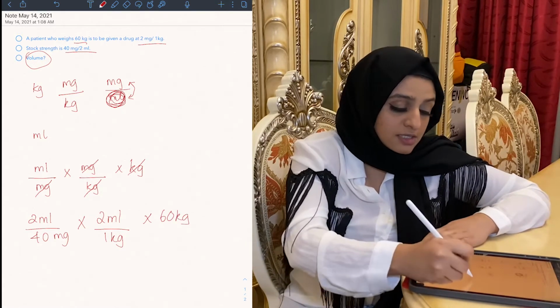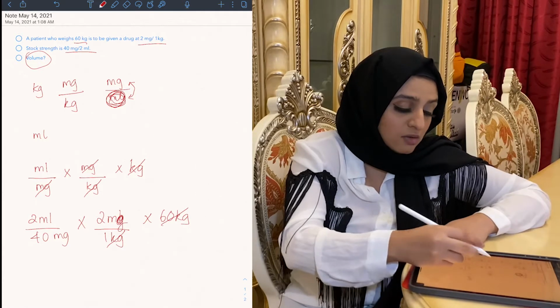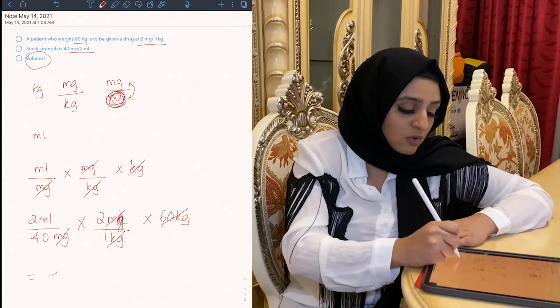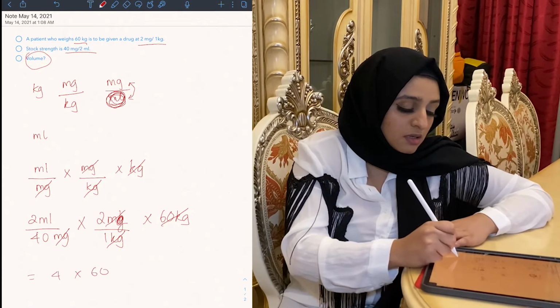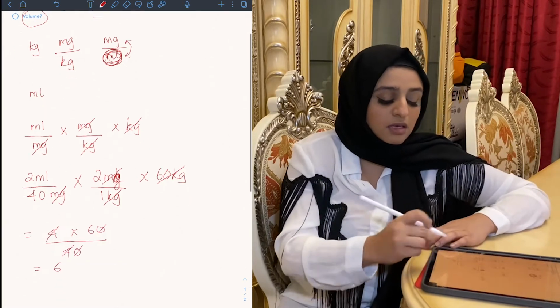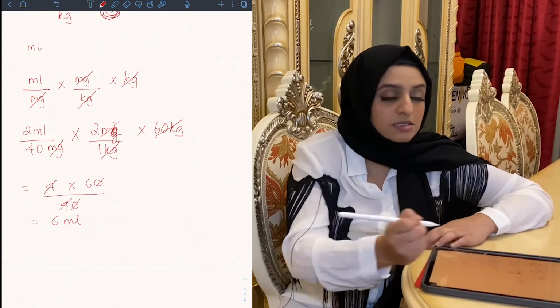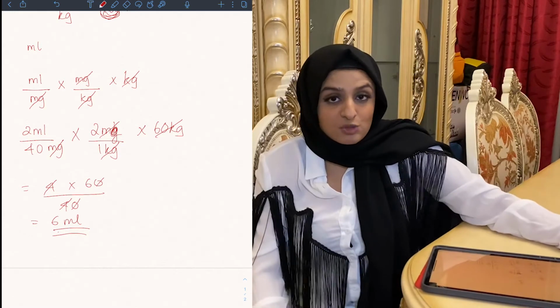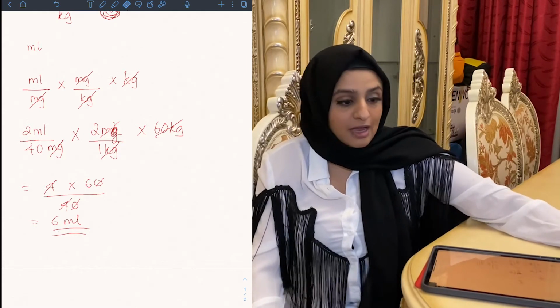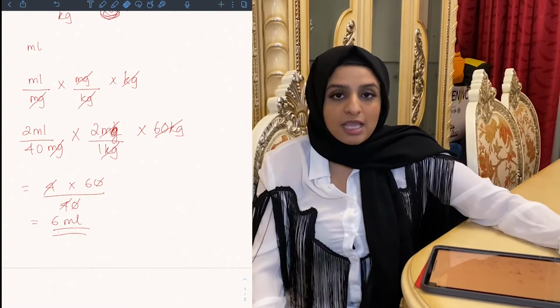So if you cross these things out, you're going to get 2 times 2 times 60 over 40, and you've got 6 milliliters. Now, just to cross-reference it, for those of you who are freaking out there, I'm going to put in the actual equations.